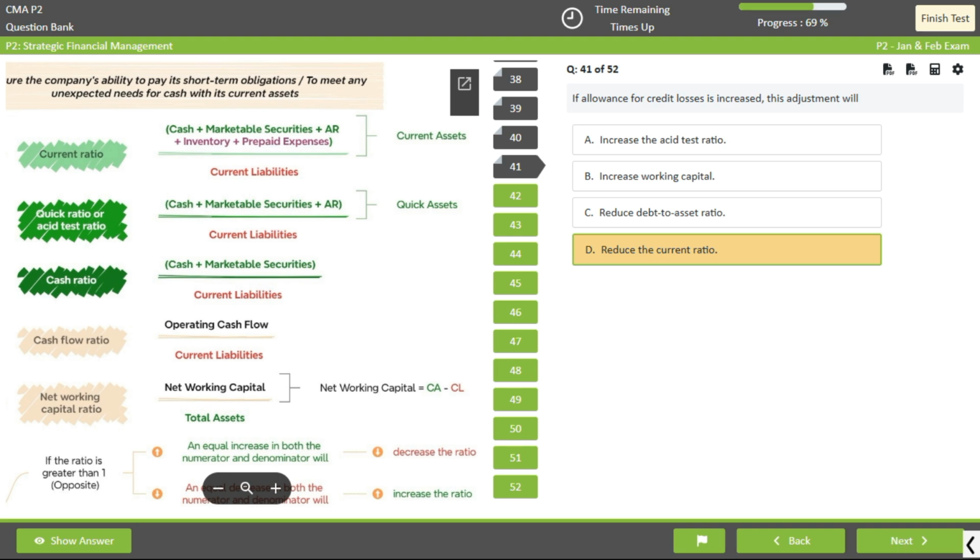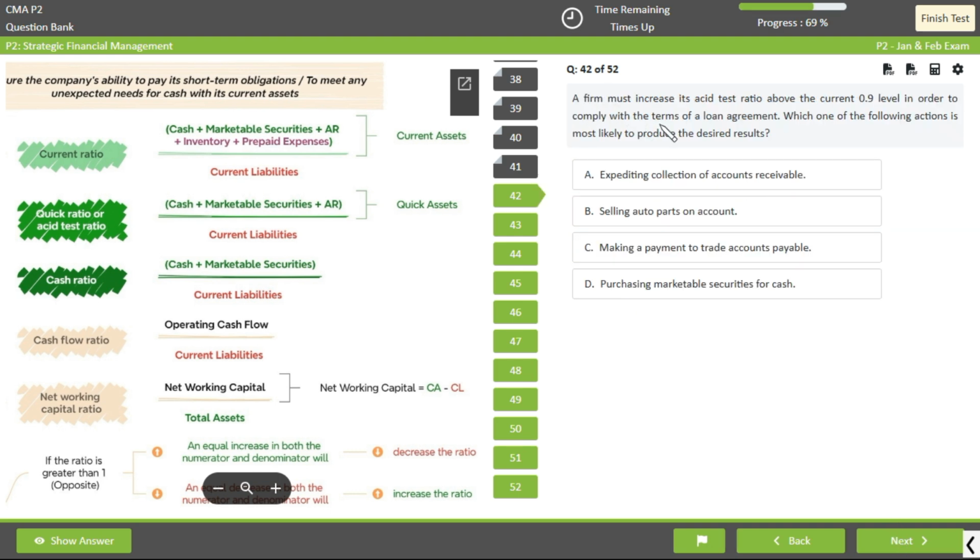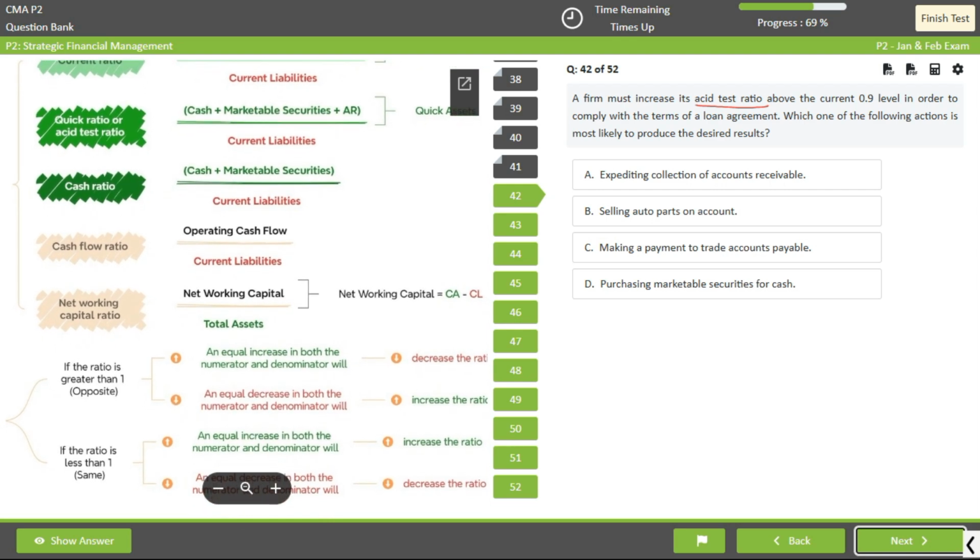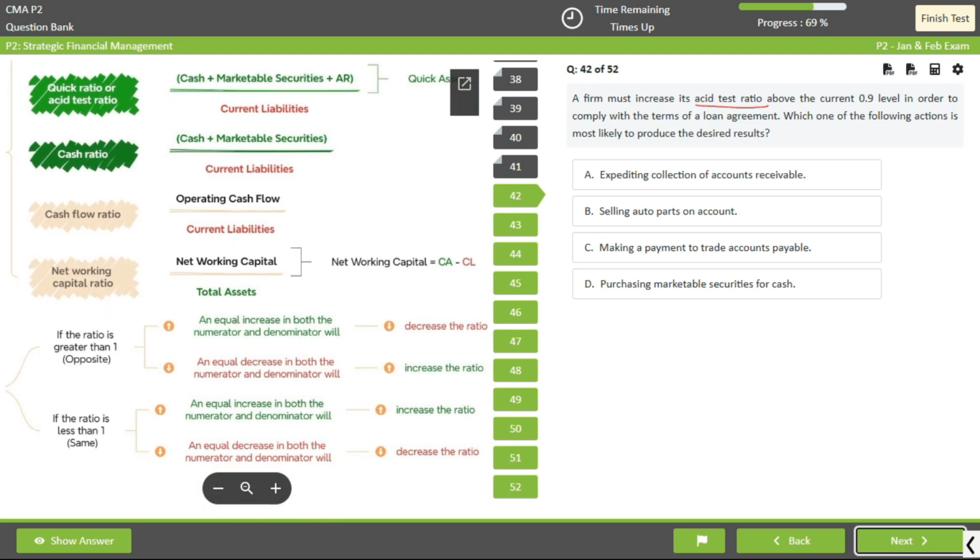Next, a firm must increase its acid test ratio above the current ratio of 0.9 in order to comply with the terms of a loan agreement. Which one of the following actions is most likely to produce the desired result? They are asking about the acid test ratio, and the ratio is less than 1.